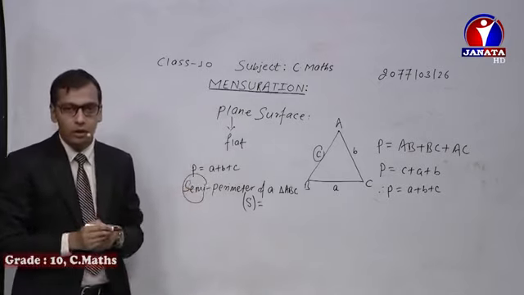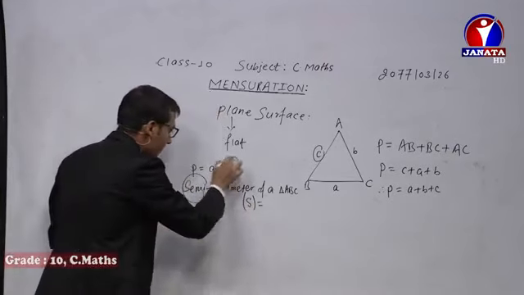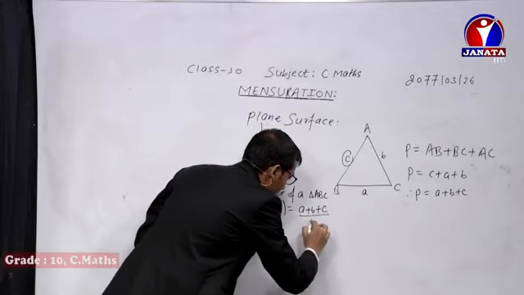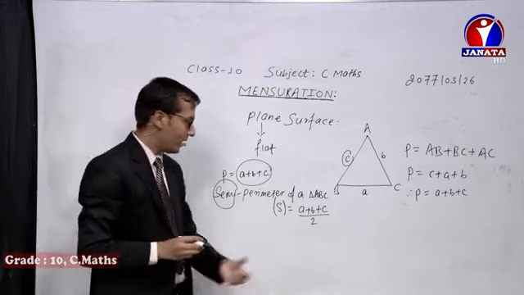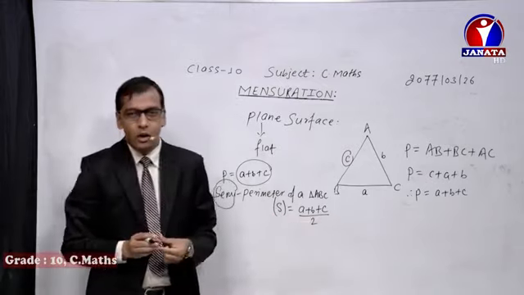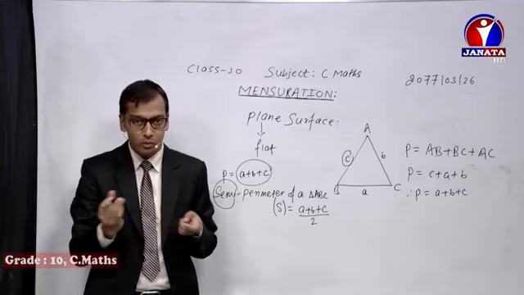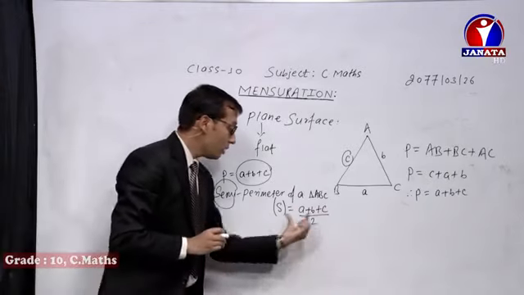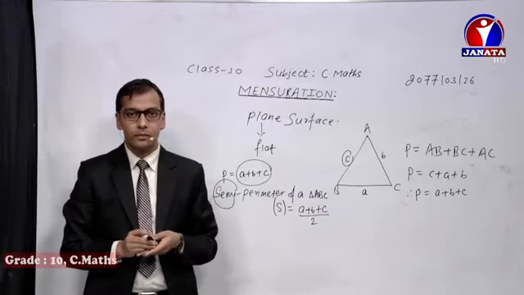It means half of the perimeter is called semi perimeter. So what is perimeter? a plus b plus c, divided by 2. This is the semi perimeter of a triangle. If we know the perimeter of a triangle, we can easily find the semi perimeter by dividing by 2.